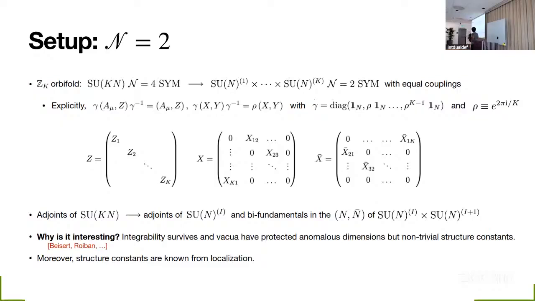You have these Xs and these Zs. I forgot to draw it here, but you can encapsulate a lot of this information in a quiver diagram.